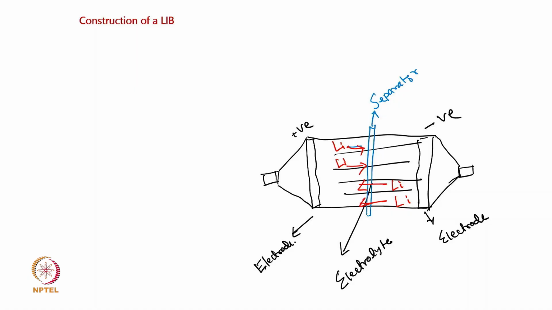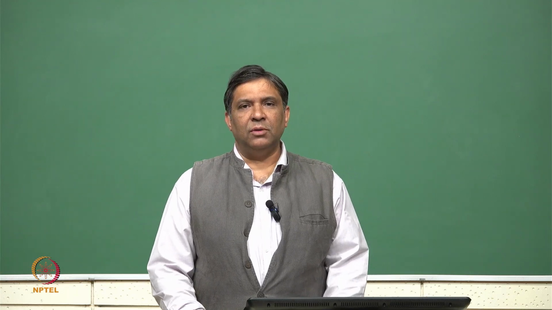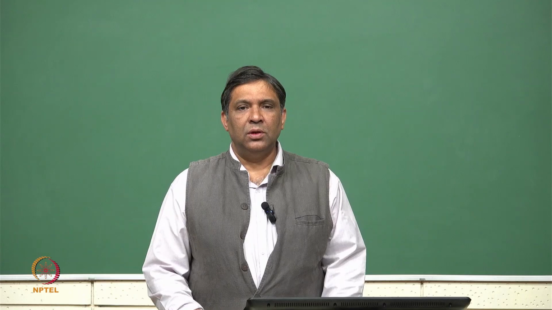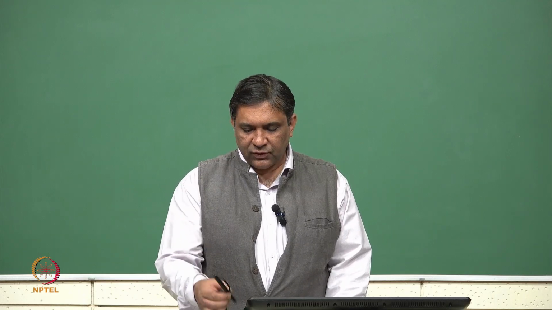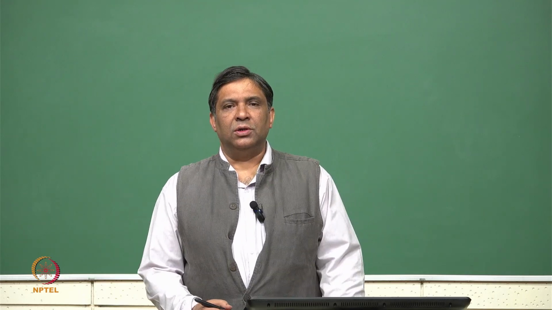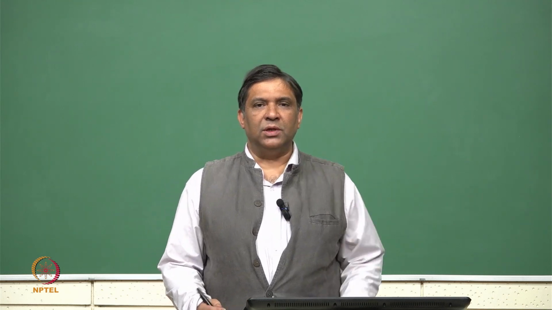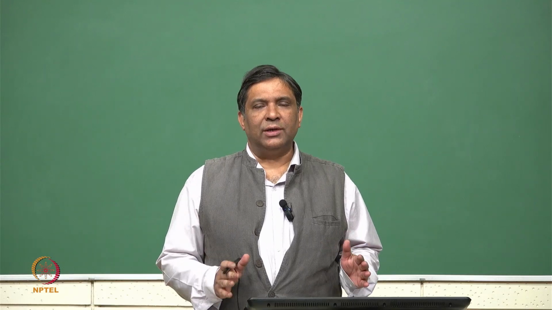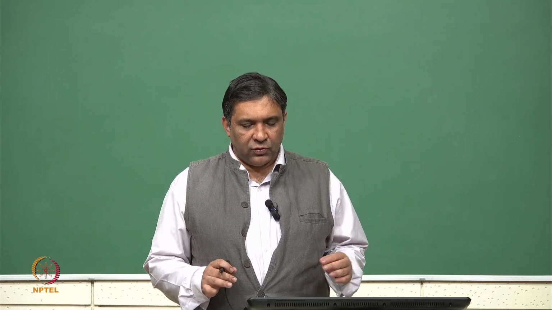So, this is a typical construction of a lithium ion battery. Now, let us discuss the working principle of a lithium ion battery. As I discussed, the construction is one anode, one cathode, electrolyte and separator. So, now how does it work? So, let us see.